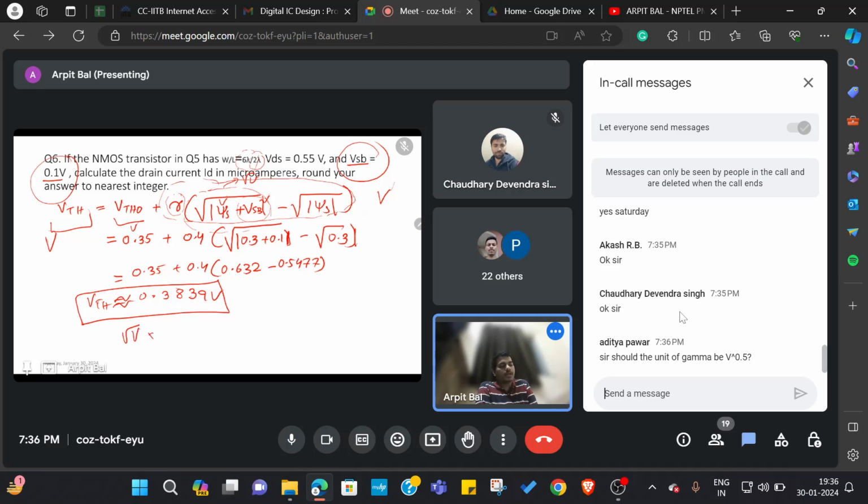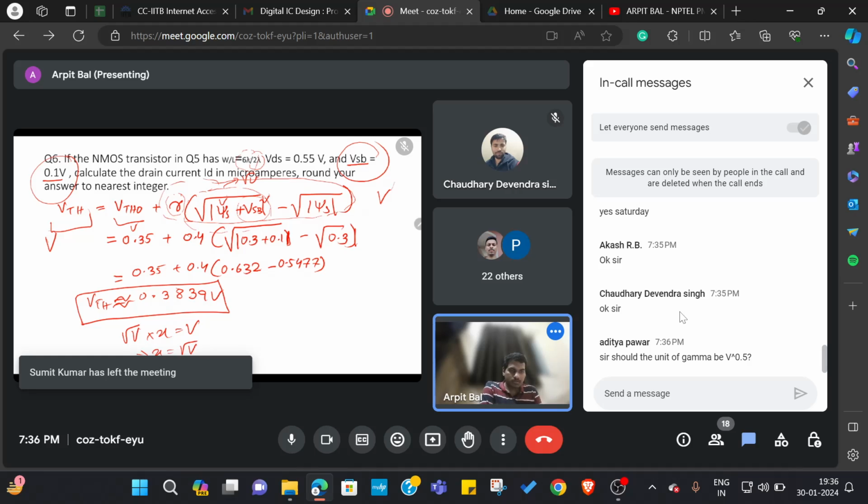Square root of V into x is equal to V, right? So x is again square root of V, which is the same as V to the power 0.5. Is that clear, Aditya?